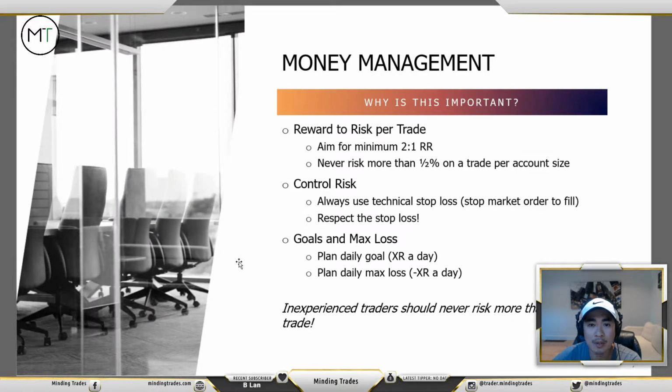Money management. Why is this important? First off, money management is important because you want to identify the reward to risk per trade. Ideally, you always want to aim for a minimum of 2 to 1 reward to risk. 1.5 to 1 makes sense, but 2 to 1 is ideal. And not only that, you never want to risk more than 0.5% on a trade per account size.